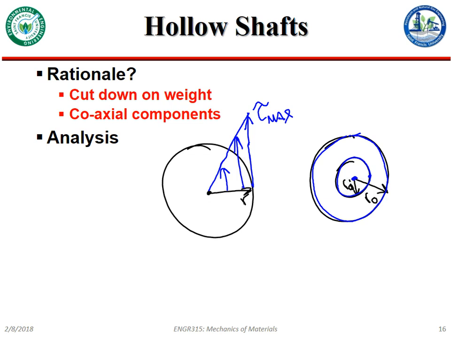So here we know that all the material in this ring has to resist whatever torque's being placed upon it. It's just evident from the geometry. So in order to do that, it actually follows the same shear stress distribution, still a linear thing.